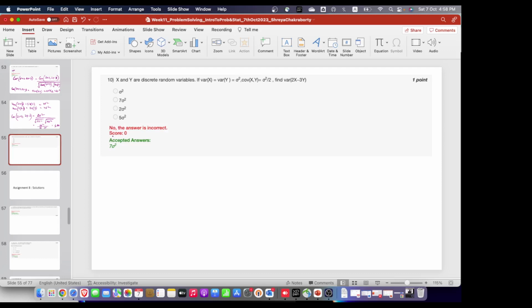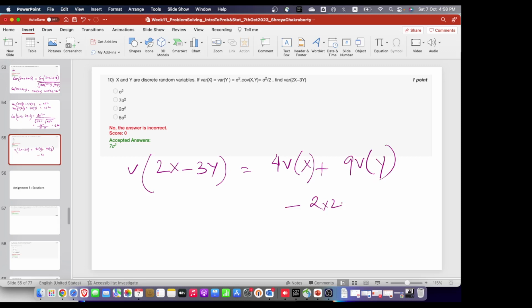Alright, so here we have, if x and y are discrete random variables, find variance of 2x minus 3y. So variance of 2x minus 3y is 4 variance of x plus 9 variance of y minus 2 into 2 into 3 covariance of xy. So this will be 4 variance of x plus 9 variance of y minus 12 covariance xy.